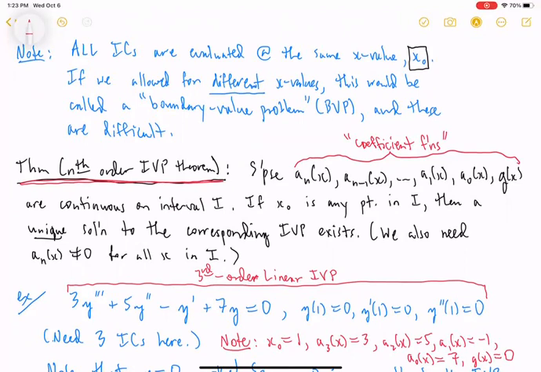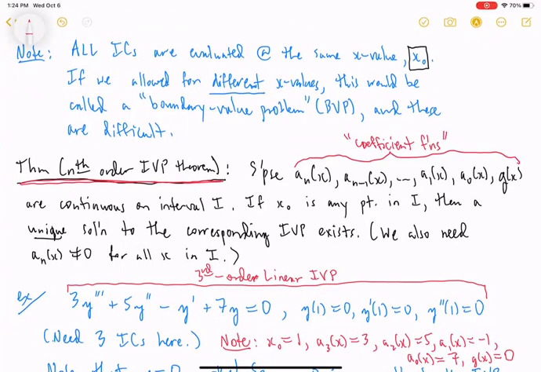On the whole real line, -infinity to infinity, every single one of these functions is continuous. What about the leading coefficient function, A3 of x? Where is that non-zero? Everywhere. And finally, x0 equal to 1 obviously lives in the interval from -infinity to infinity.